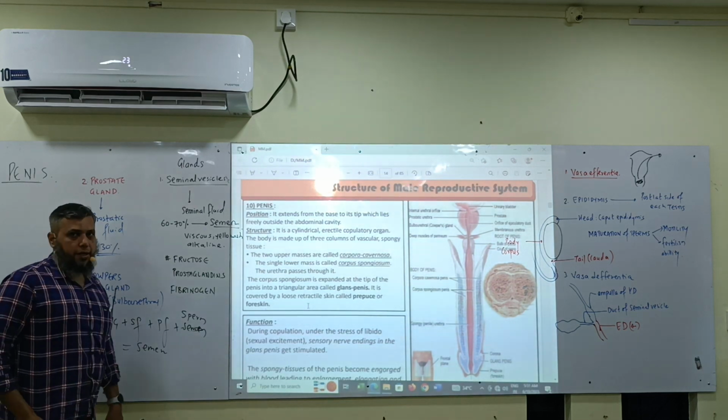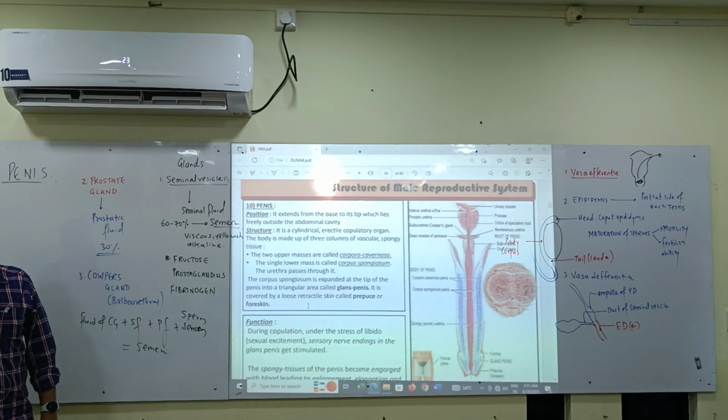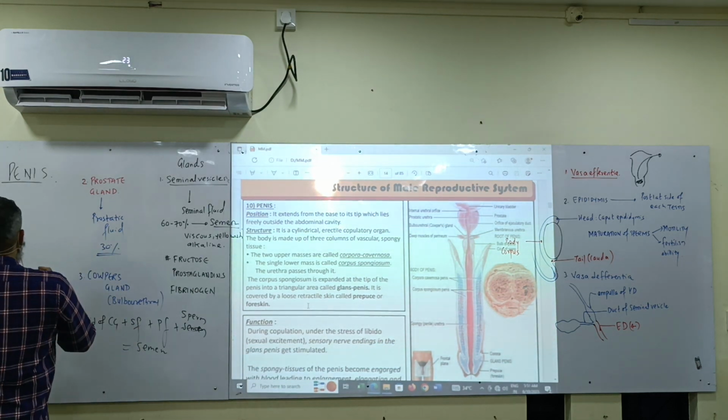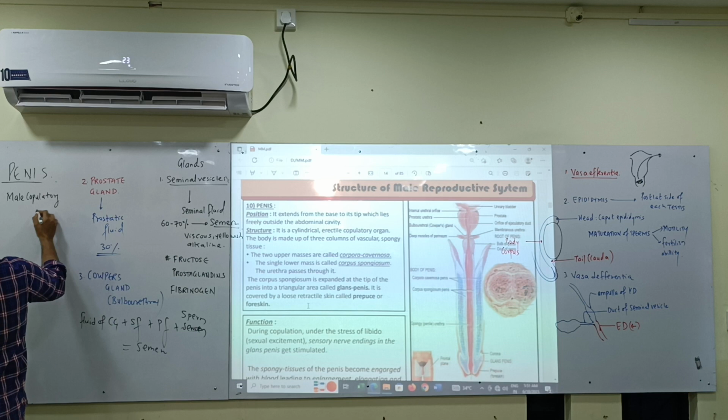So what's the next part, kids? It is penis. Okay, it's the male copulatory organ. It's a male copulatory organ.